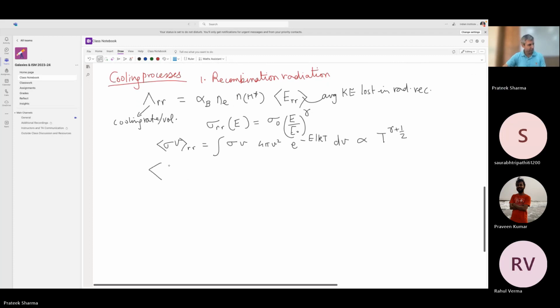And E_RR, the average energy in radiative recombination that's produced, is equal to 2 plus gamma times kT. T is the thermal temperature, the temperature of the H II region, not T_C. T_C was the color temperature of the star. Here we are taking a Maxwell-Boltzmann distribution of velocity, so T has to be the gas temperature.